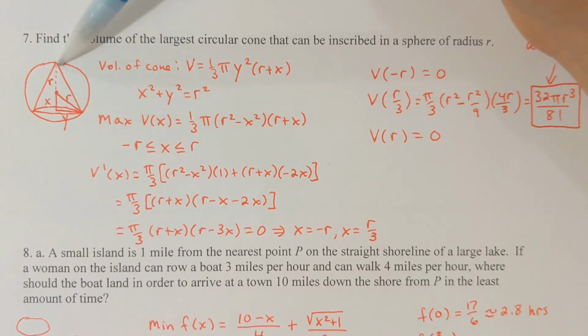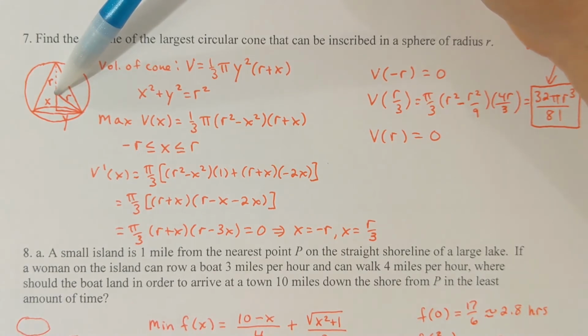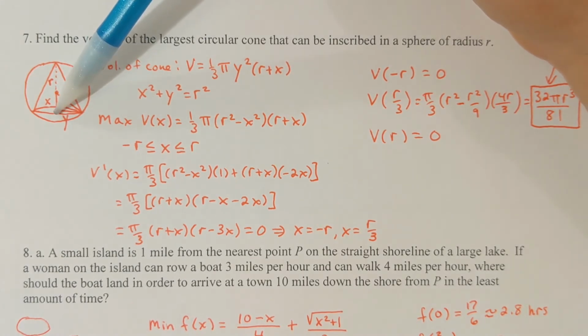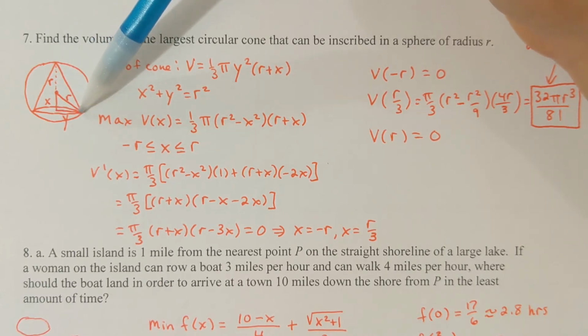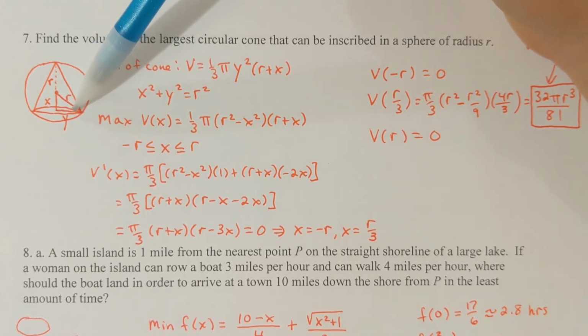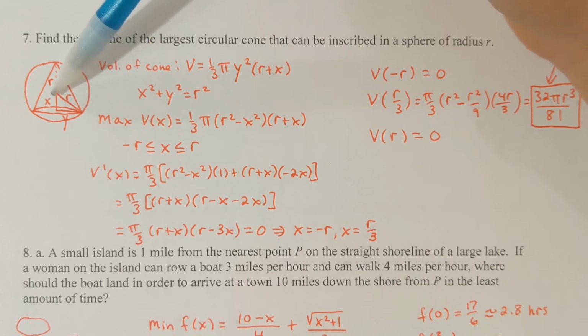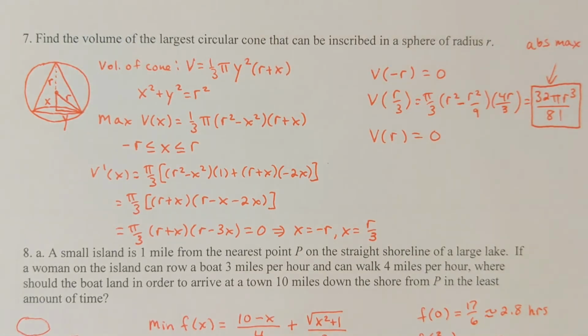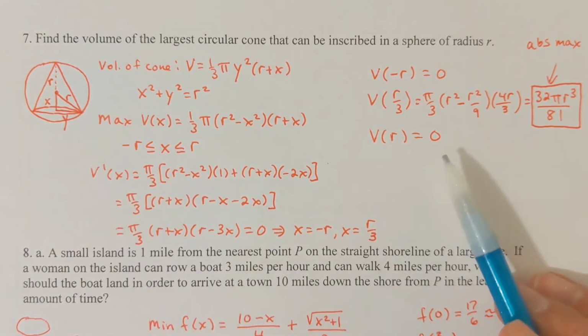The radius of the sphere is r units, and if I drop a perpendicular from the center of the sphere down to the center of the cone's base, I'm going to call that distance x. And then from the center of the base to one corner of the cone, I'll call that y. And the reason why I did that is because I've created a smaller right triangle here in this picture. And I'll need to refer to that later.